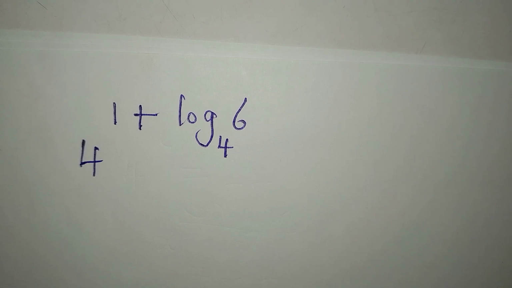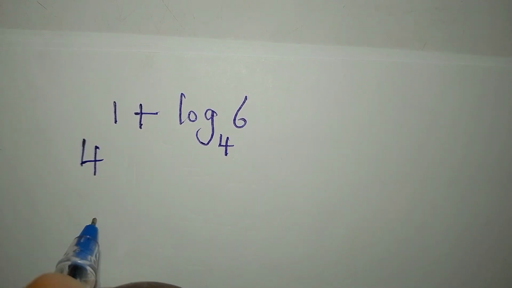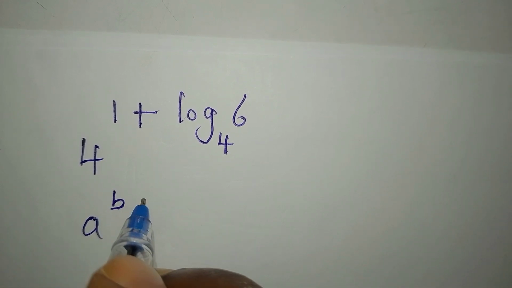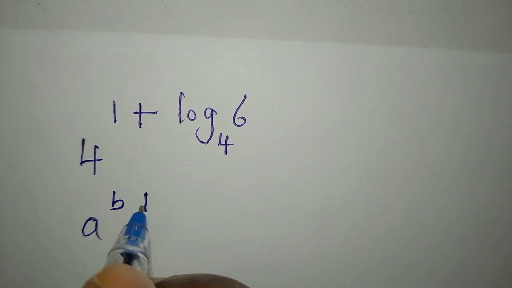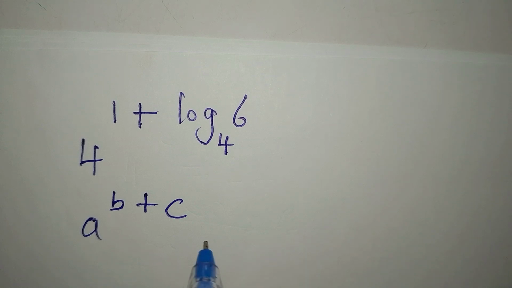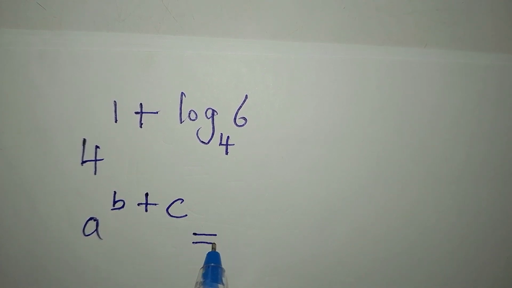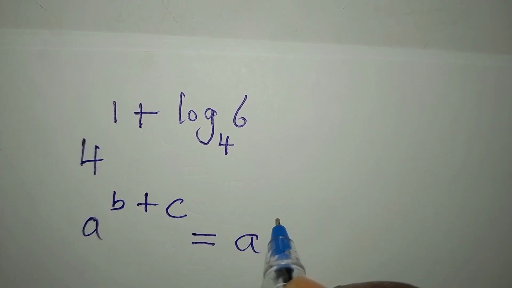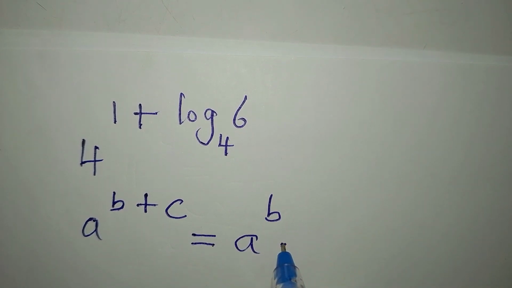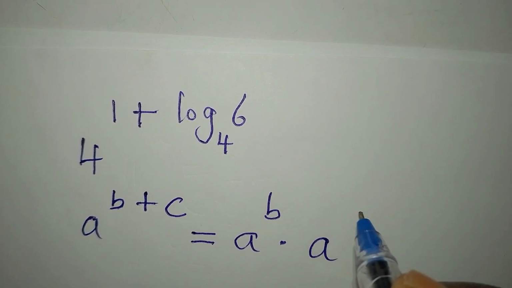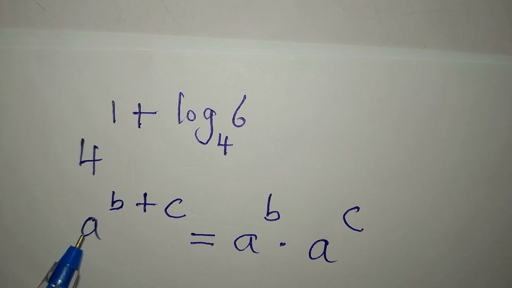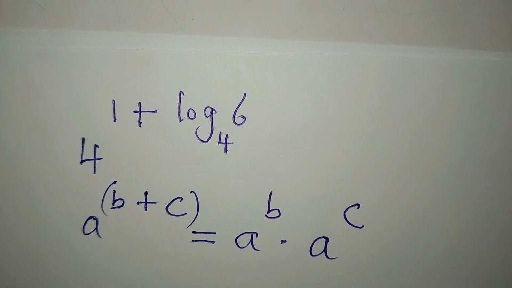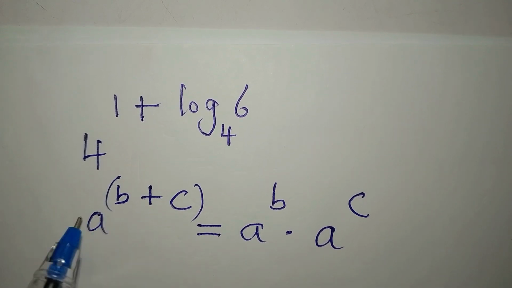Okay, so from here now, another point you should note is this. If you have a to the power of b plus c, right? This will be the same thing as a to the power of b multiplied by a to the power of c, because this a has both b and c as powers. Then if you want to get back what we have on the left, you have to pick one of the bases.